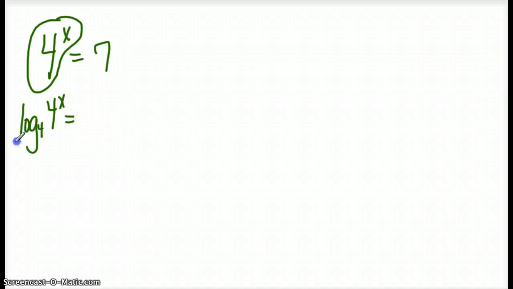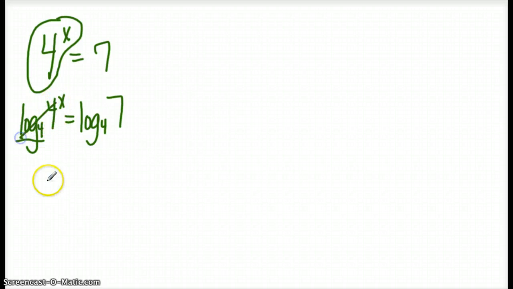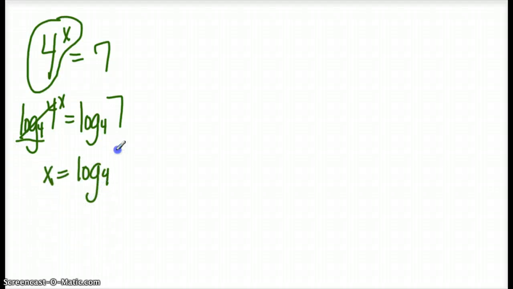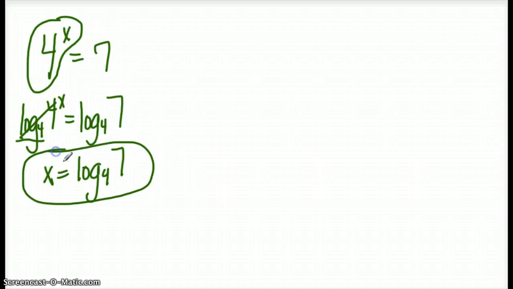If I do it to this side, I must do it to this side. Now, if this little number and this big number are the same, that's going to cancel. I'm left with x equals log base 4 of 7. That's how you say that, and that's your answer. That's as far as you have to go.